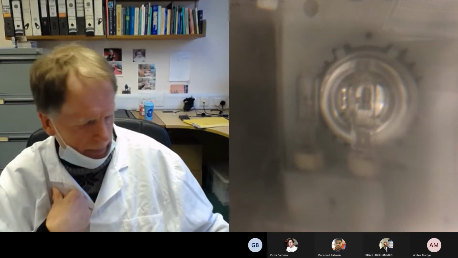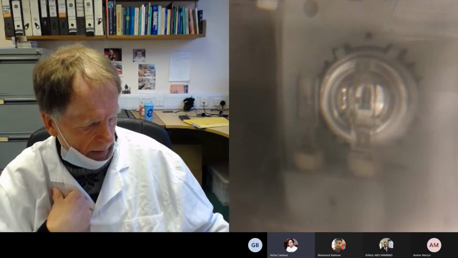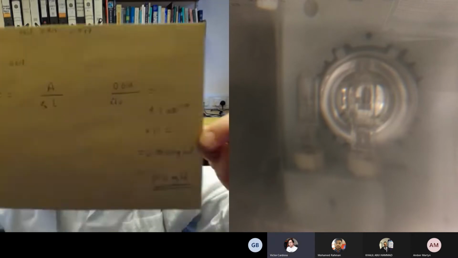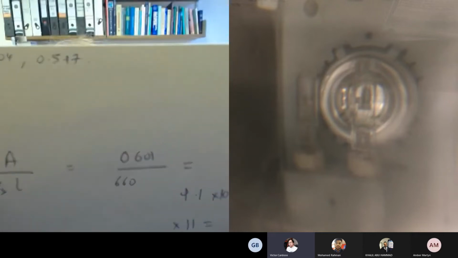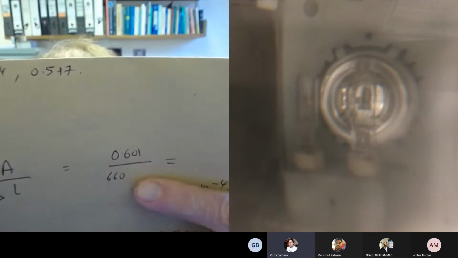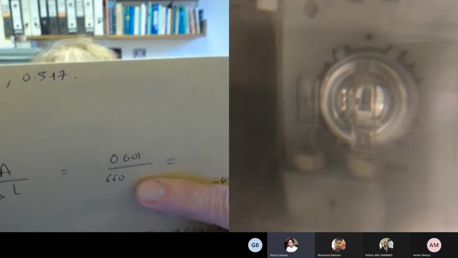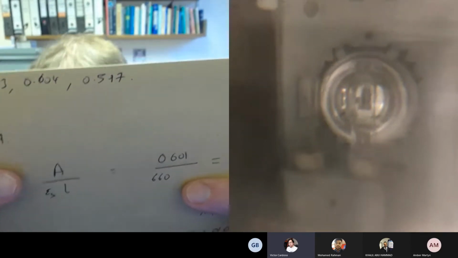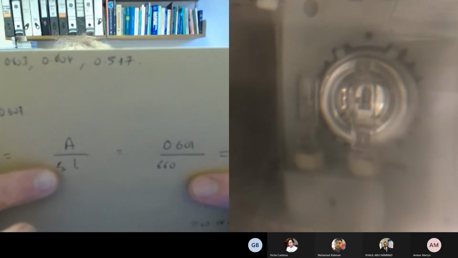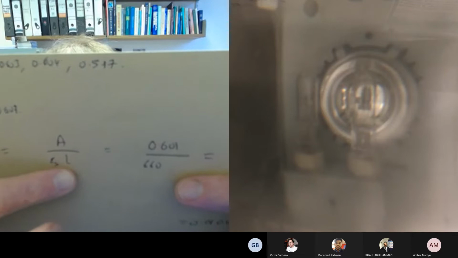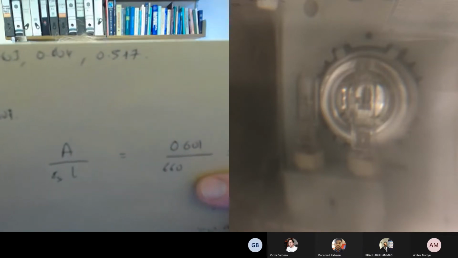All right, folks, so 0.601 is the average. Do we all agree with that? Yes. So all we have to do is divide it by the 660. We just rearrange that equation: concentration is absorbance divided by the extinction coefficient times the path length of the cell.